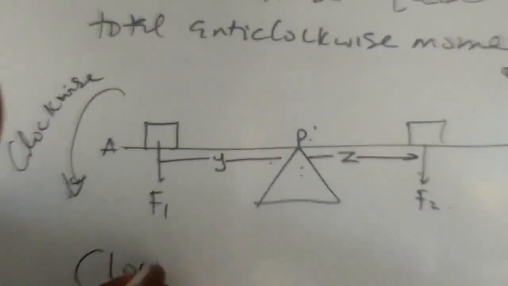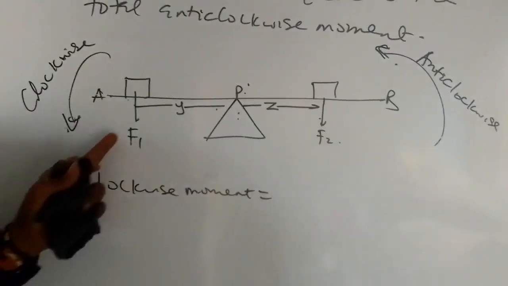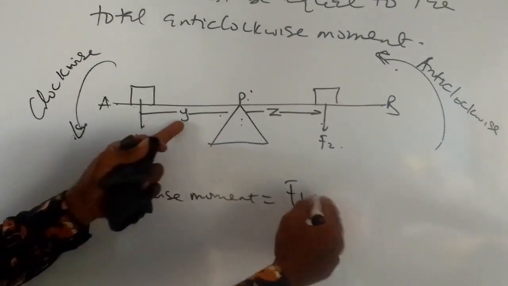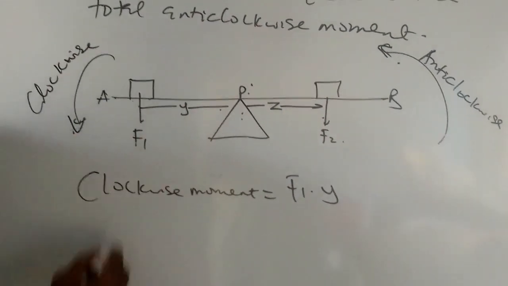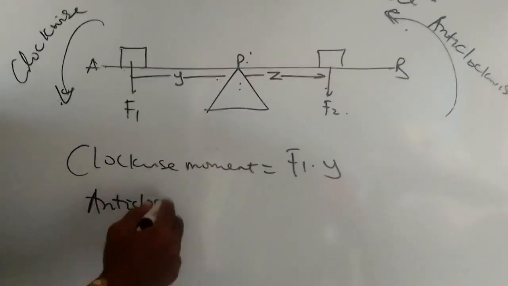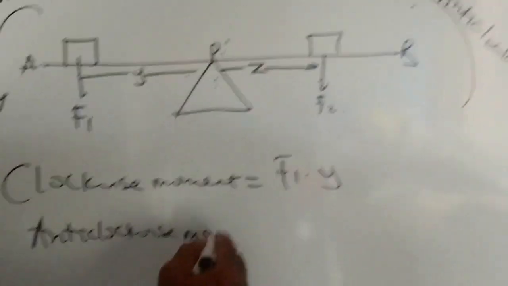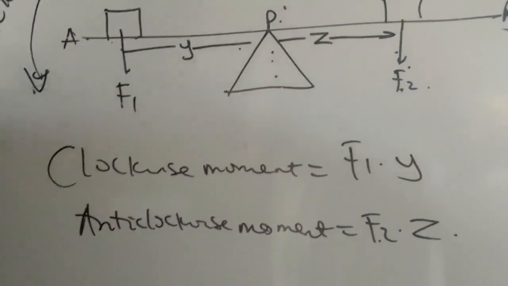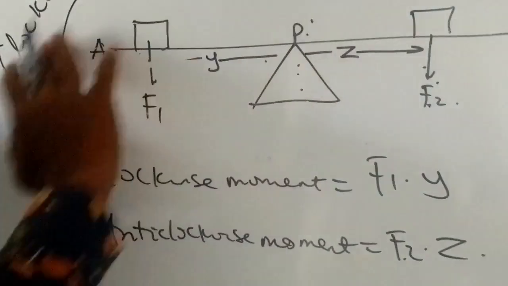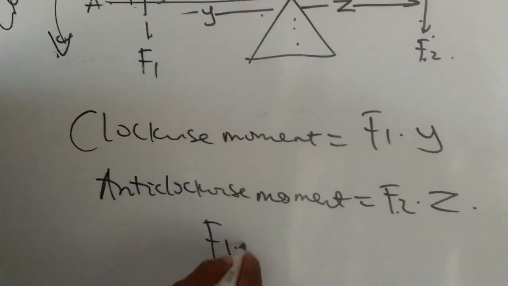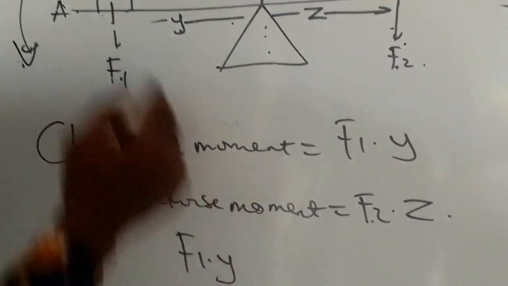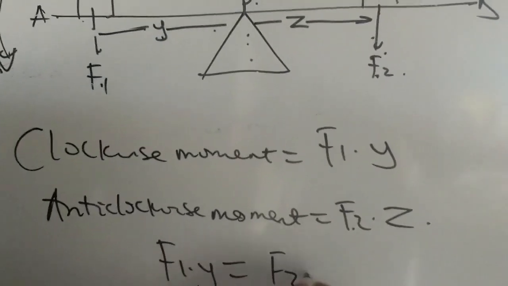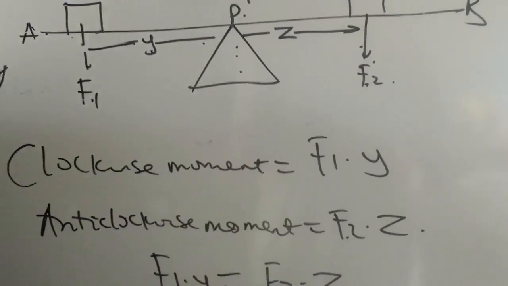So the clockwise moment, since moment is force times perpendicular distance, will now become F1 times y. The anti-clockwise moment will now become the force on the other side multiplied by the perpendicular distance from the pivot, which is F2 times z. So for this body to be at equilibrium, not moving to any side, it means that F1 times y, which is the clockwise moment, will be equal to F2 times z, which is the anti-clockwise moment.